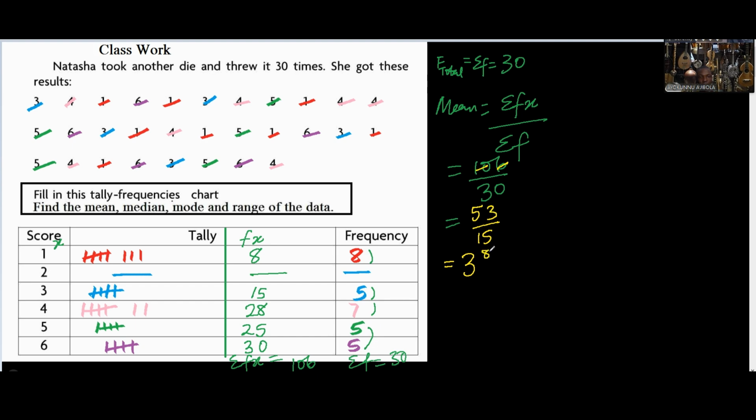So that will be 8 over, wait, is it going to be 8? Because 15 in 4 places is supposed to give us. So what is 53 minus 45?